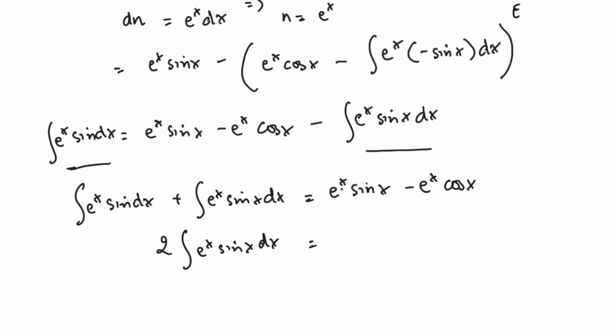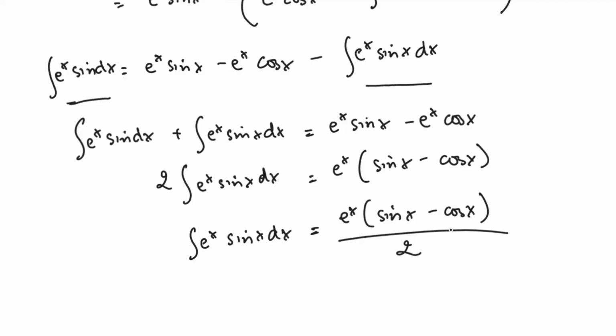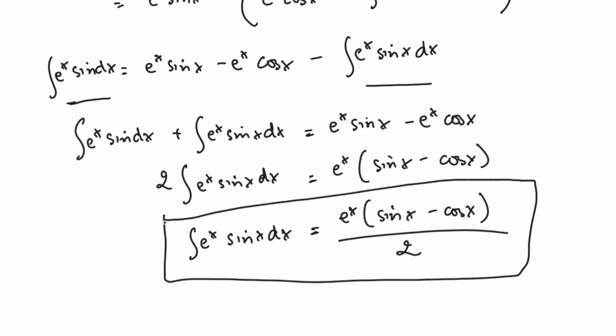They have the same e to the x, so I factor e to the x out. It's equal to sine x minus cosine x. So I'm going to divide both sides by 2, so the integral of e to the x sine x dx equals e to the x times sine of x minus cosine of x, divided by 2. So this is our final answer.